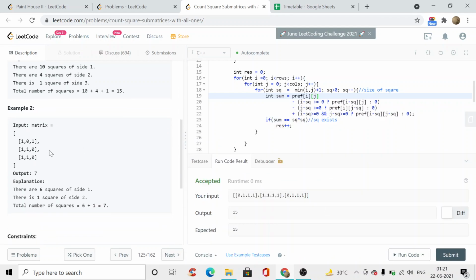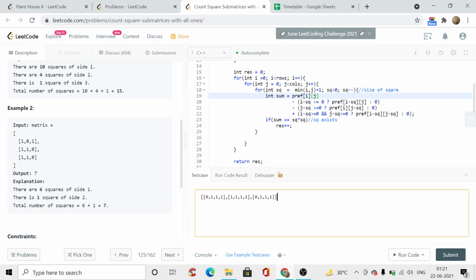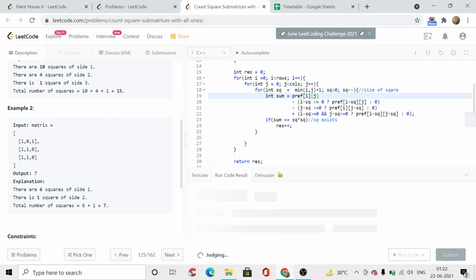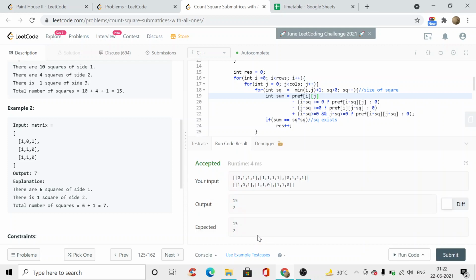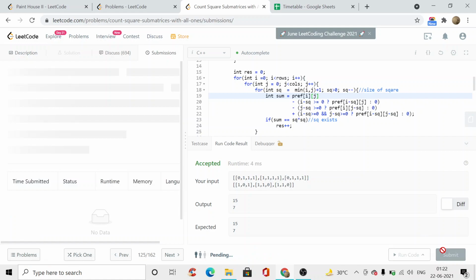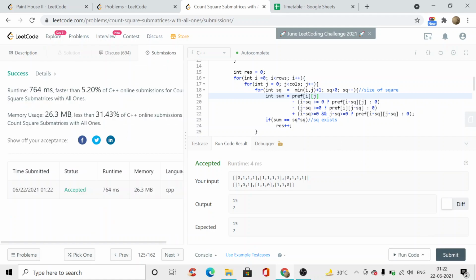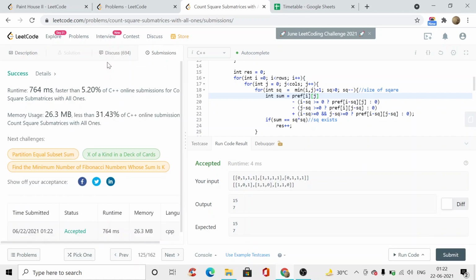This is giving 15. Let us try this one. It is giving correct. Let's see if it passed the test cases. It passed. Wow.